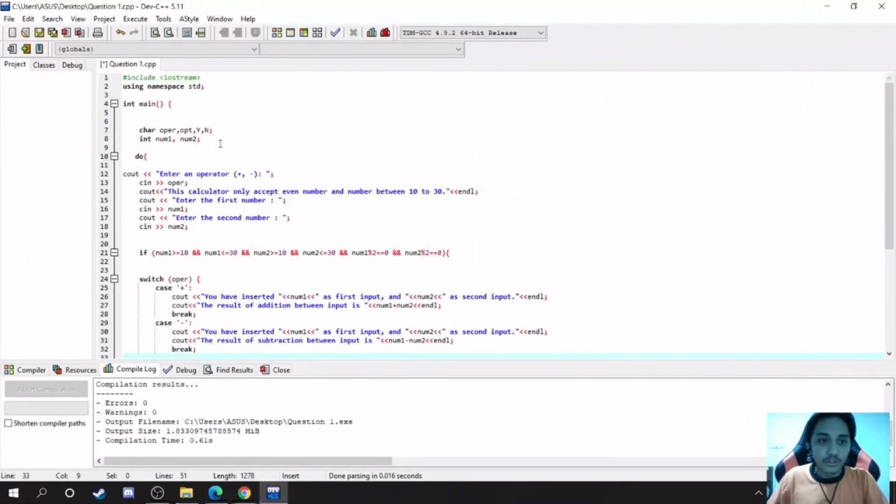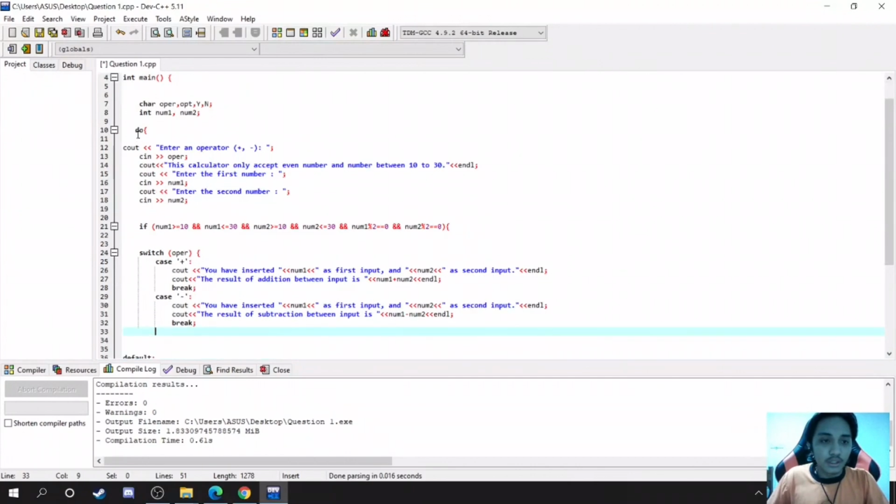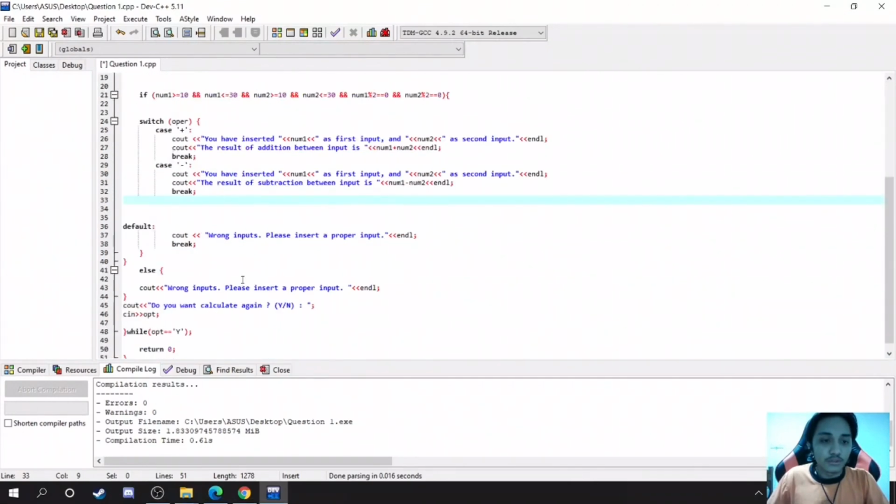So first we declare variables such as character operation and option y and n, and then integers. We'll use integers for this because the input from the user will be whole numbers and even numbers, num1 and num2, and then we'll use a while do loop.